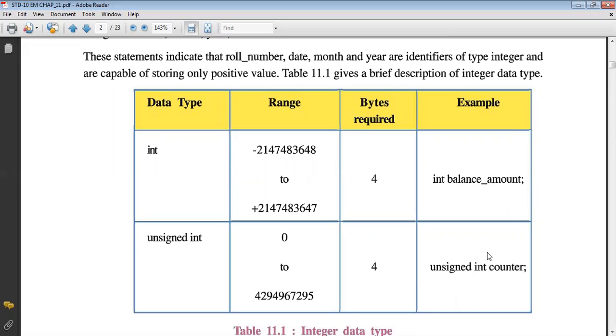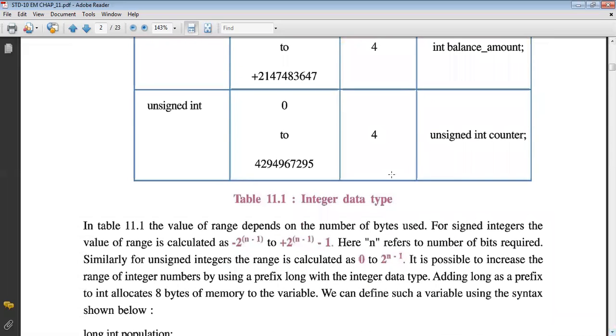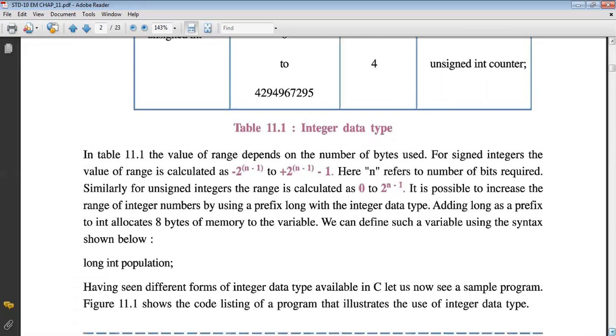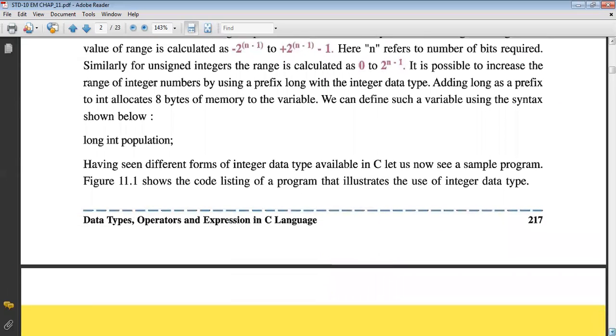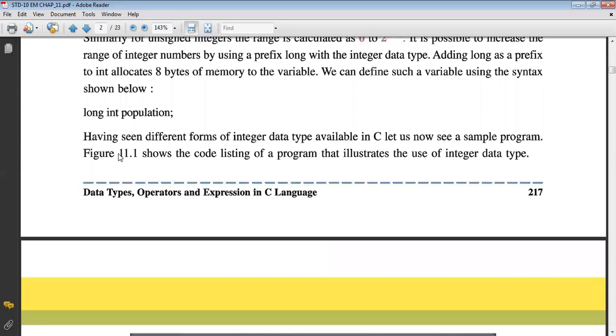Unsigned integer counter. Counter should always be 1, 2, 3, 4 like this. Or unsigned integer roll number. Roll number should never be negative, it is always positive. There is also long integer population. We are going to see only important topics.